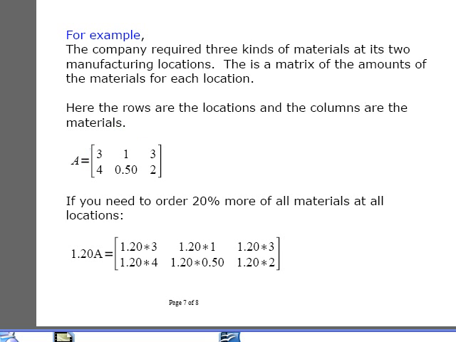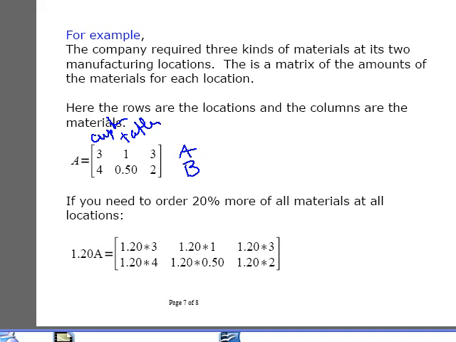And scalar multiplication is very handy for business. Let's say you have here's some materials that you order. This is the amount that you order. 3 kinds of materials, 2 different manufacturing locations. So this is manufacturing location A and B, let's say, and I don't know what you're making, cupboards and tables and something else.